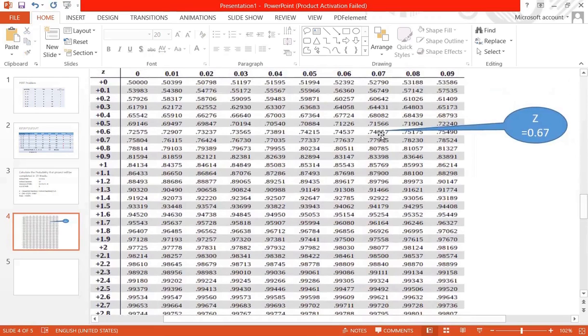So Z की वैल्यू 0.67 हो तो उसकी प्रोबेबिलिटी की वैल्यू क्या है? 0.74857. Okay, for Z is equal to 0.67, the value of probability is 0.7485.